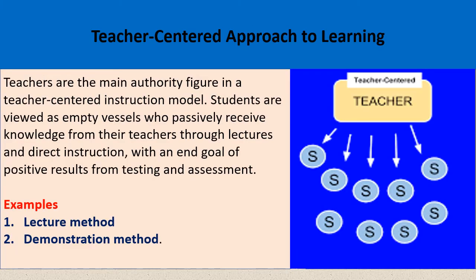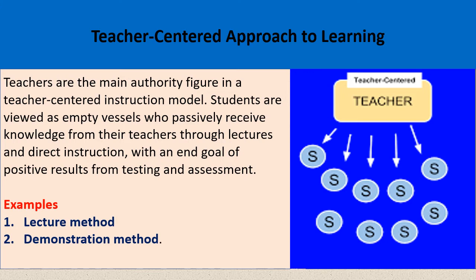So let's begin with the teacher-centered approach to learning. In the teacher-centered approach to learning, the teacher is the main authority figure in that particular model of instruction. So the teacher is the one that dictates what the students will learn. And what is the role of the students in the teacher-centered approach? The students are viewed as empty vessels who passively receive knowledge from their teacher through lectures and direct instruction.